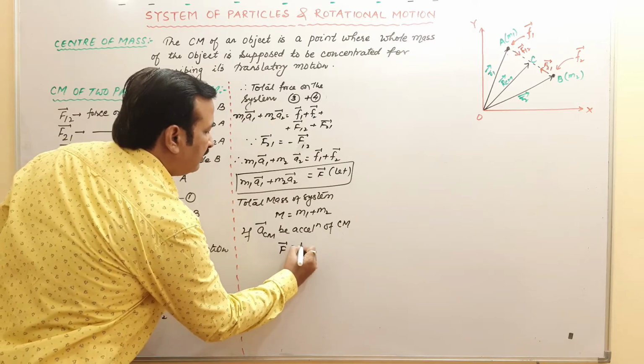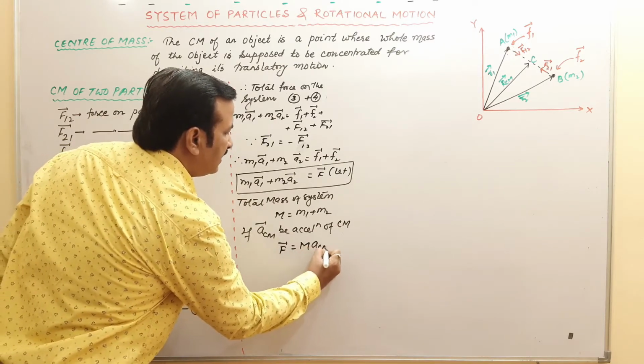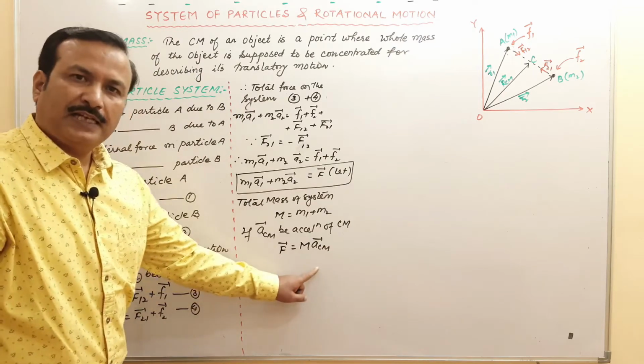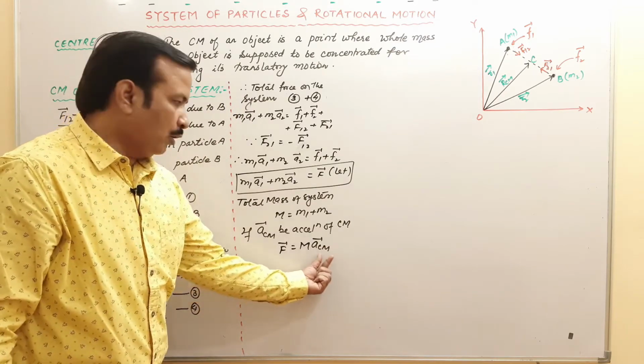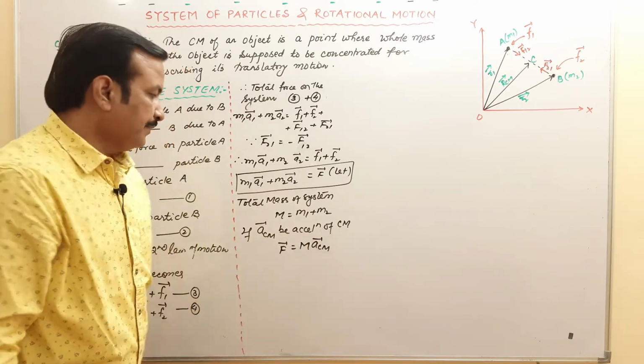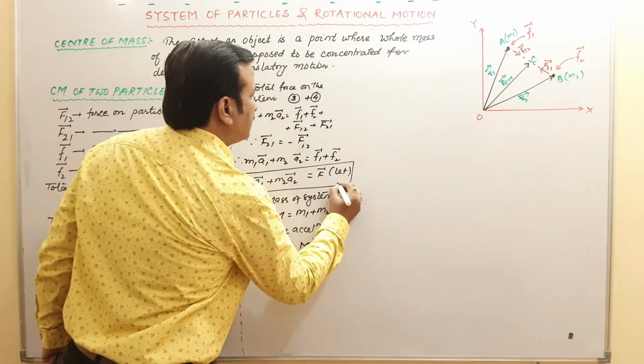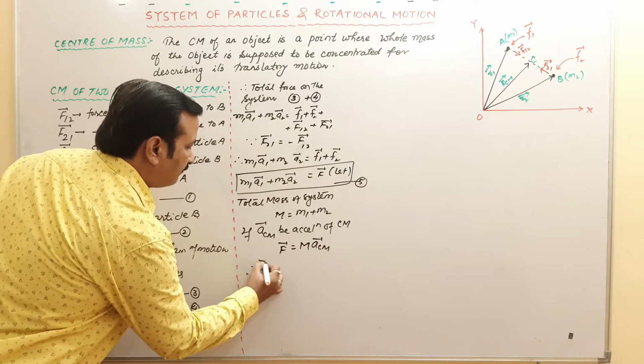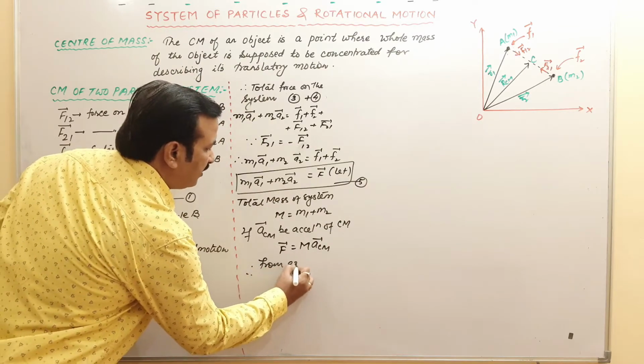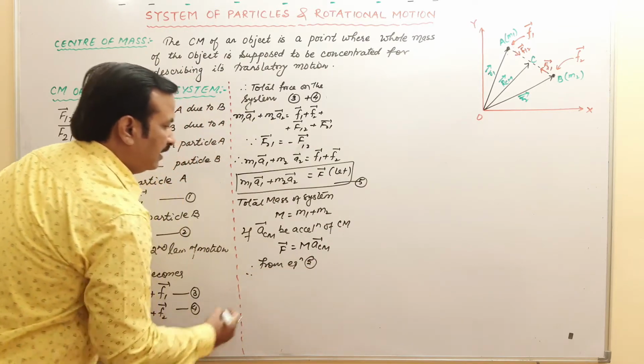F can be written as M ACM. The total force applied, the total mass, and this acceleration, right? So therefore this equation we can take as equation 5.